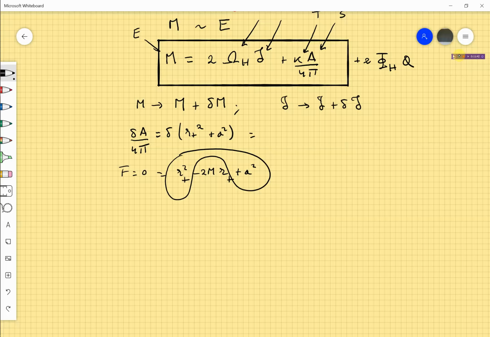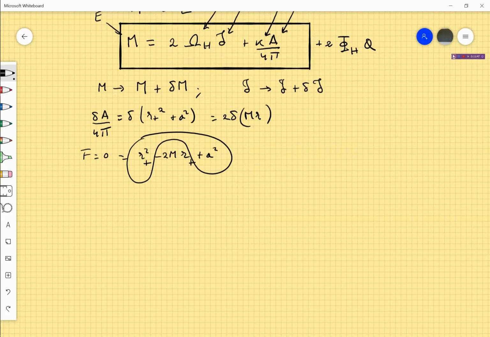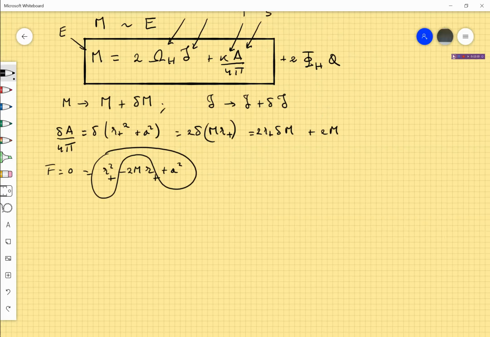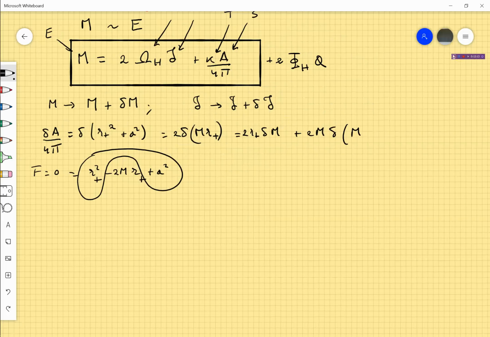So this is the variation of r plus, and now you have the expression of r plus in terms of M: delta M times r plus as a coefficient, plus 2M delta r plus, and r plus is M plus square root of M squared minus a squared, just for the Kerr case, for simplicity.